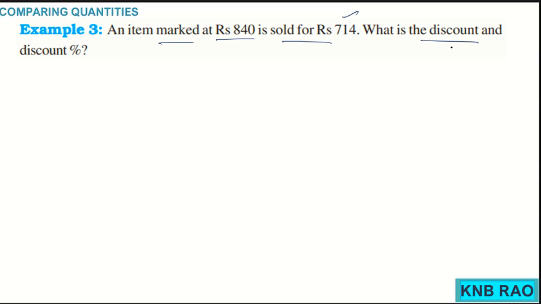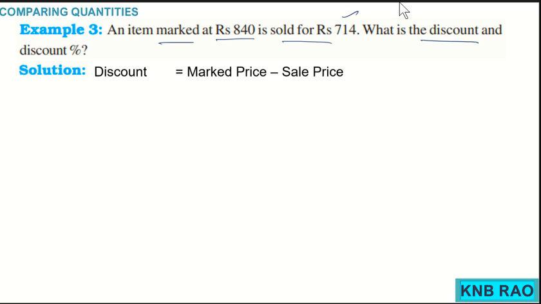Now, what is the discount? See children, it is very simple. Here market price is known and selling price is known. This difference gives us the discount. So, solution is very simple. Discount is MP minus SP, that is 840 minus 714, which gives rupees 126.